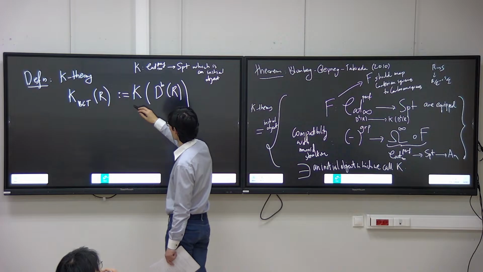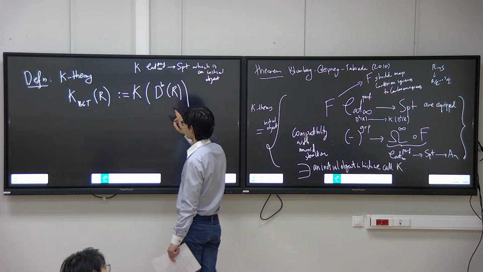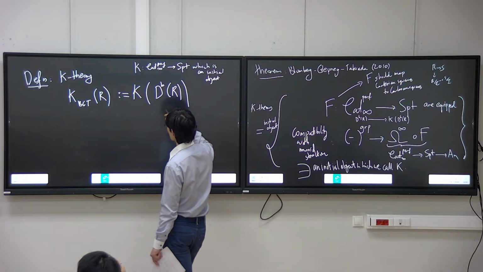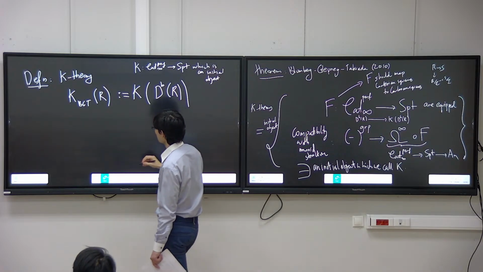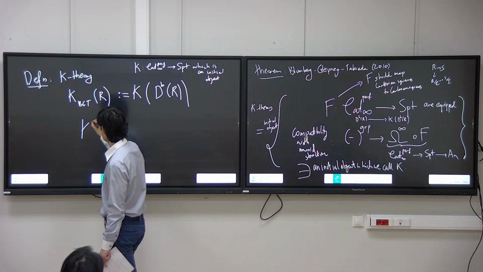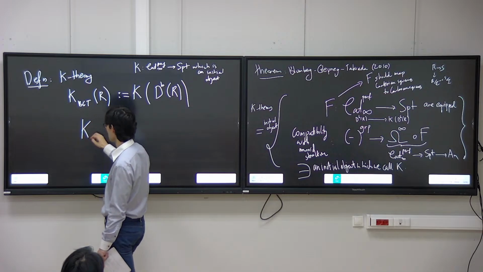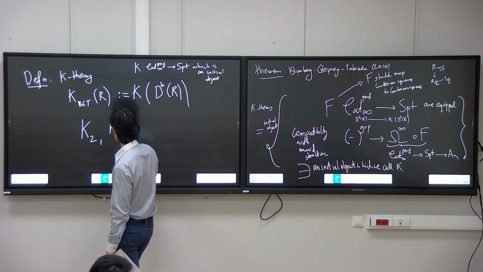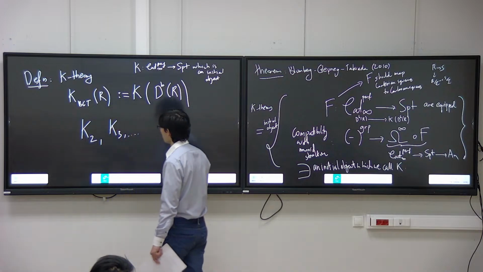okay, let's just define it like this so far, but I'm still looking for a definition which is indexed by integers. So what is K2 and K3 and so on.